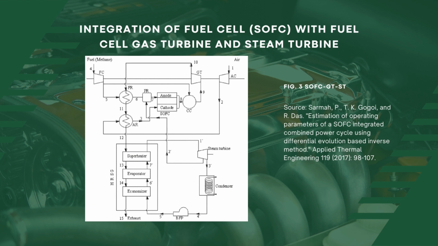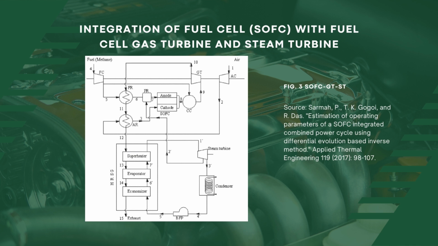Fuel, here methane, and air are compressed in a fuel and air compressor respectively. A certain amount of compressed fuel is fed into the SOFC anode via the preheater and after-reactor over here. The amount of steam extracted and mixed with the fuel prior to its entry to the preheater is taken as 2.5 times the fuel flow rate.